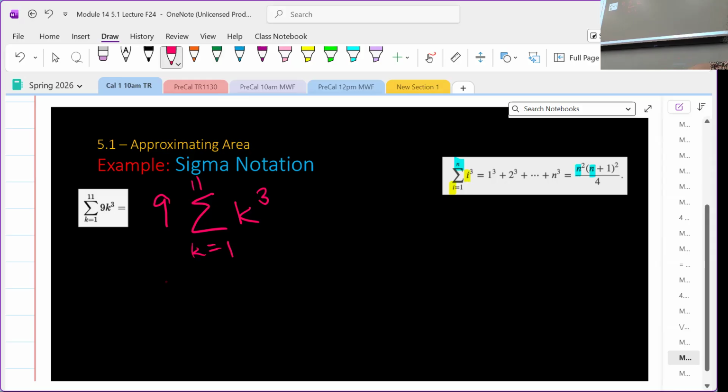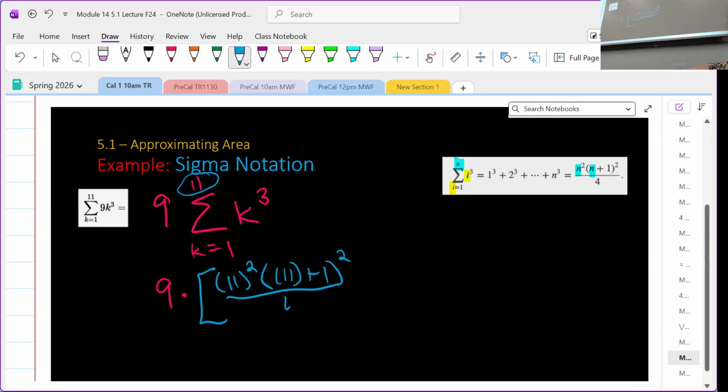So I still have my 9 times, but now I'm going to use my formula. So my n value is the 11. So I'm going to have 11 squared times 11 plus 1 squared all over 4.